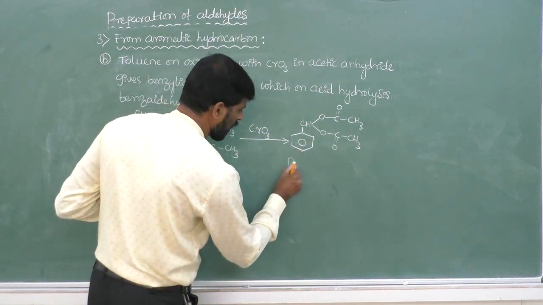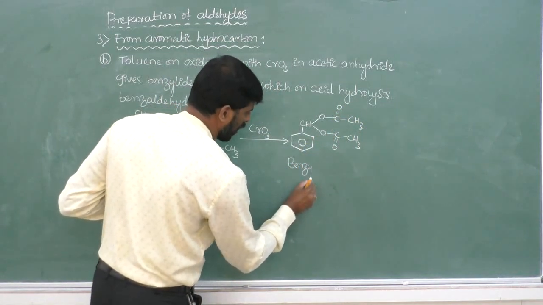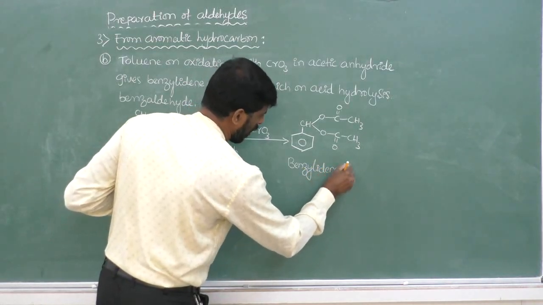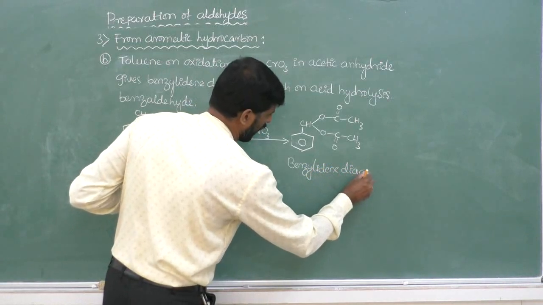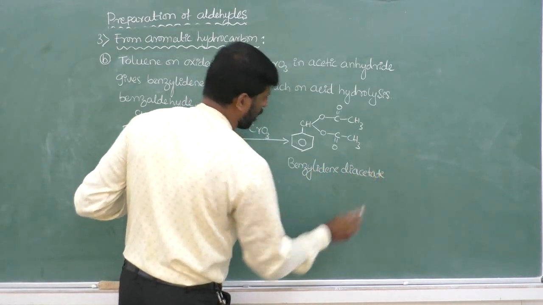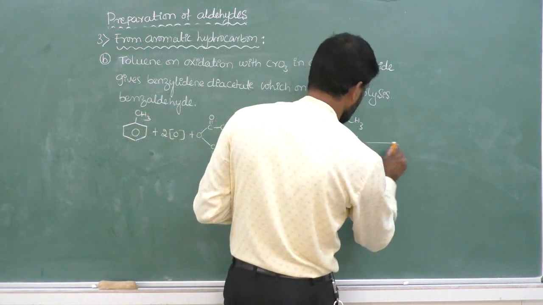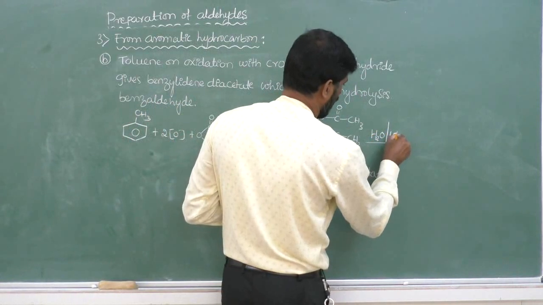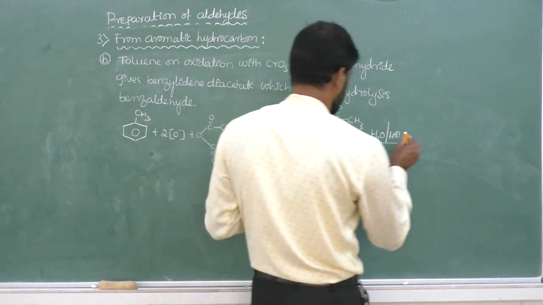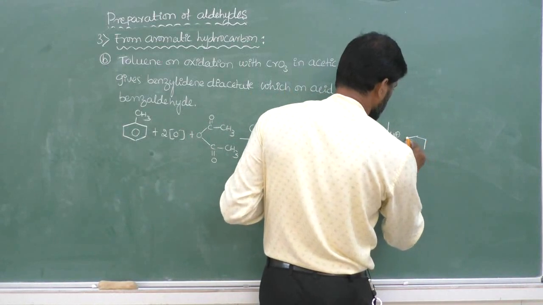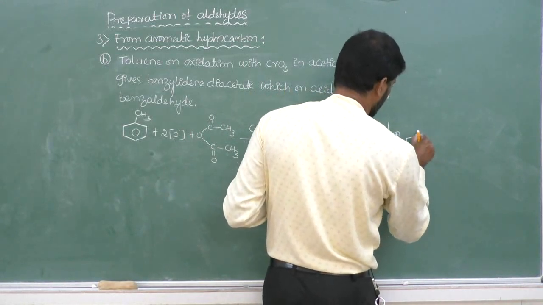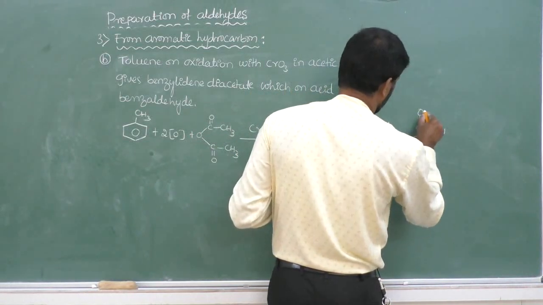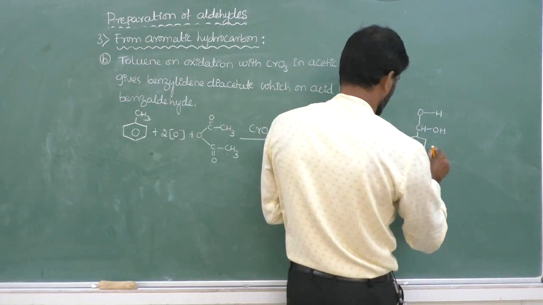Now this is benzylidene diacetate, which on acid hydrolysis again gives a gem-dihydroxy compound, that is the 2 OH groups present on the same carbon atom.